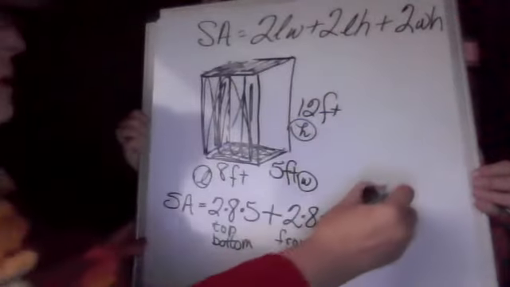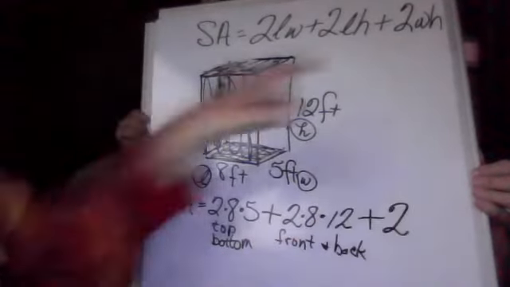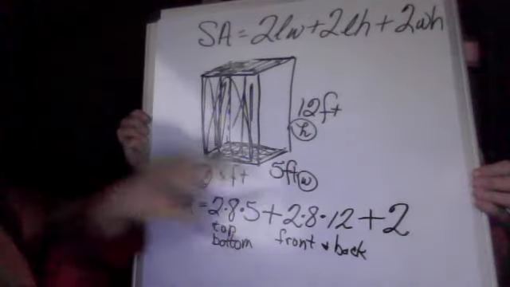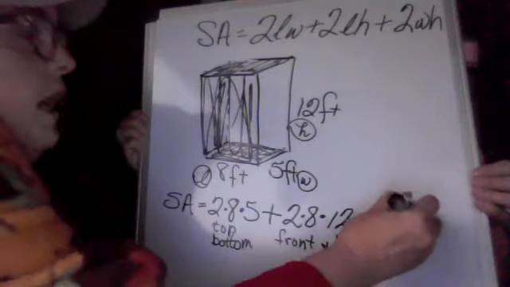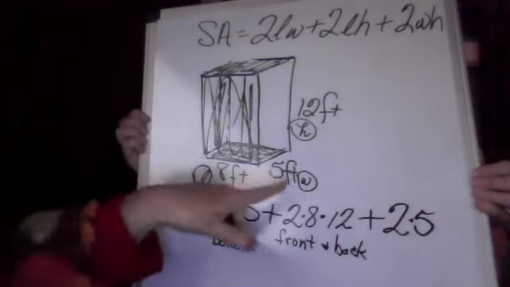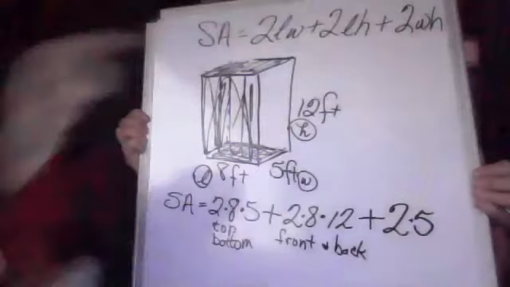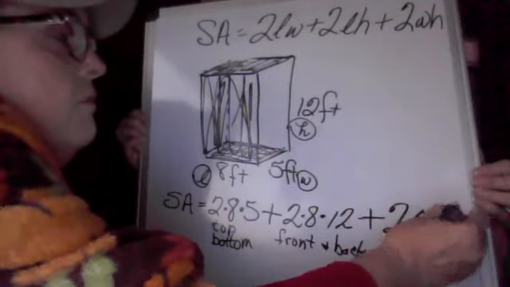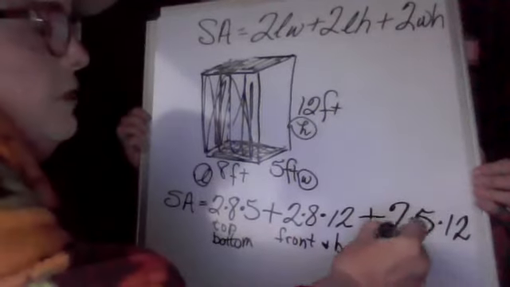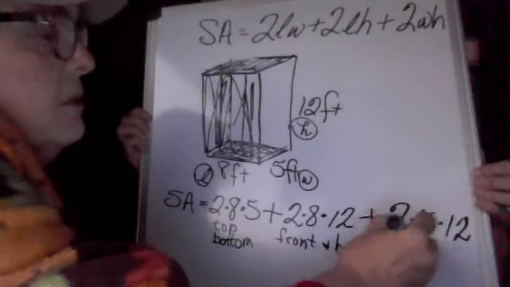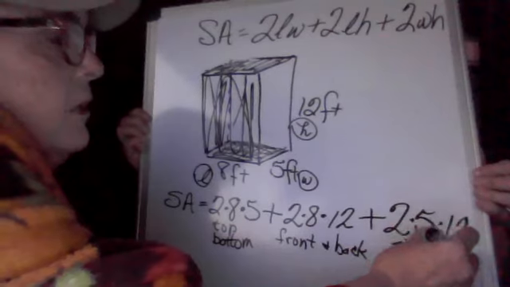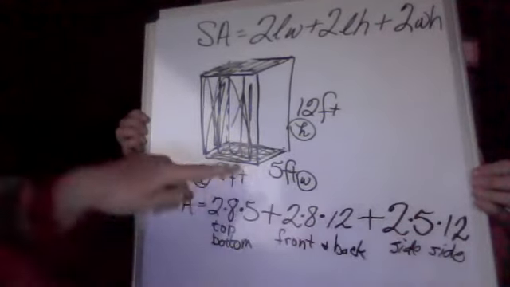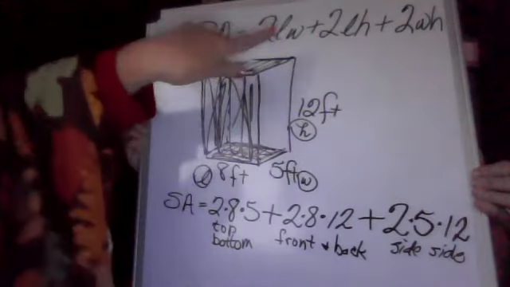2 times the width. We're going to call 5 the width. So times 5 times the height. And the height is 12. And this will give us both sides, side and side, because let's look at it. 5 times 12 is 5 times 12.